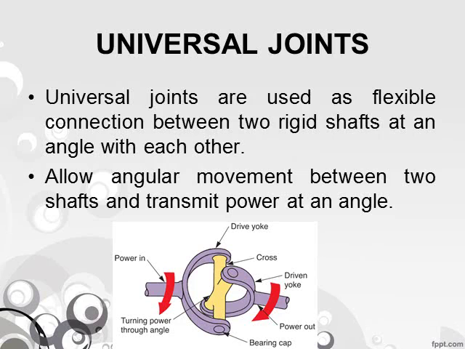Universal joint. Universal joints are used as a flexible connection between two rigid shafts at an angle with each other. These joints allow angular movement between two shafts and transmit power at an angle.